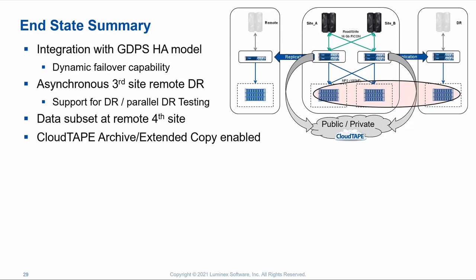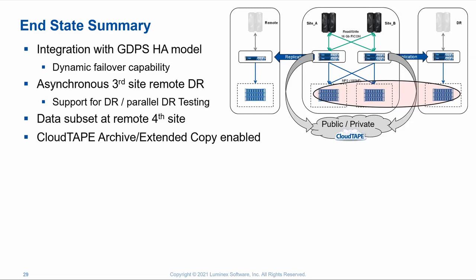So we're seeing GDPS HA models across a lot of the geographies we're working in. Active dynamic failover capability. And with that, customers are looking for the additional third site remote DR copy with all the requirements around DR and DR testing, etc.